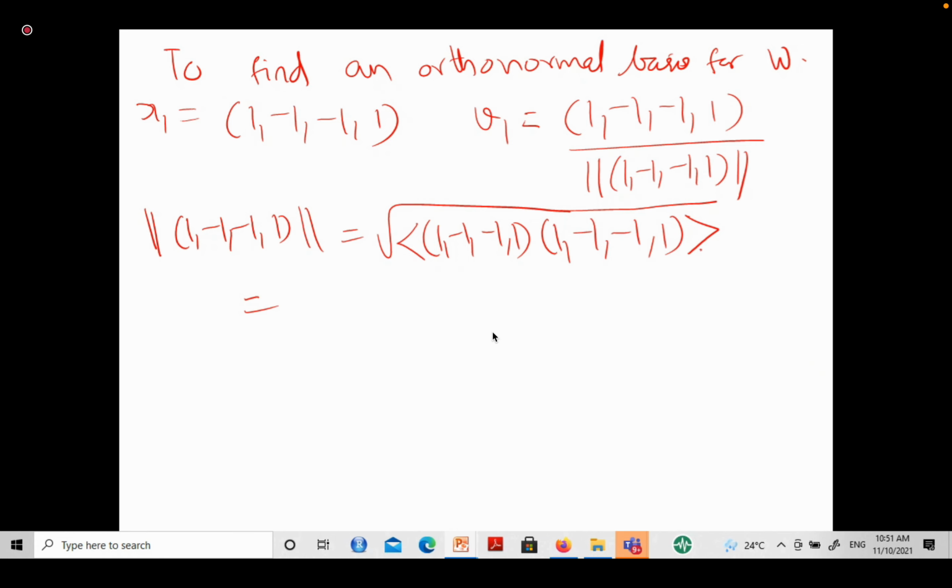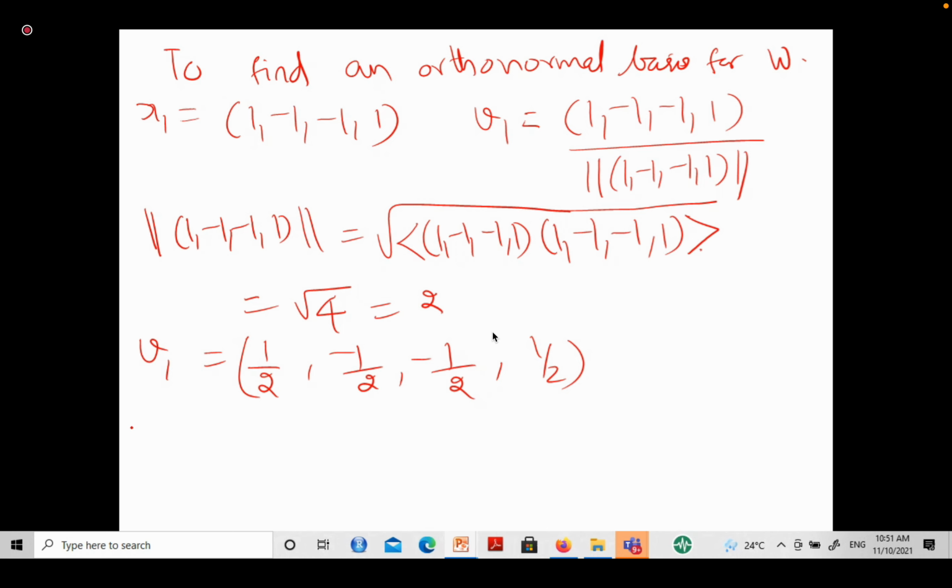Square each and every term and add: the usual magnitude. Root 4, so 2. So v1 is 1 by 2, minus 1 by 2, minus 1 by 2, 1 by 2. This is your v1. Check.